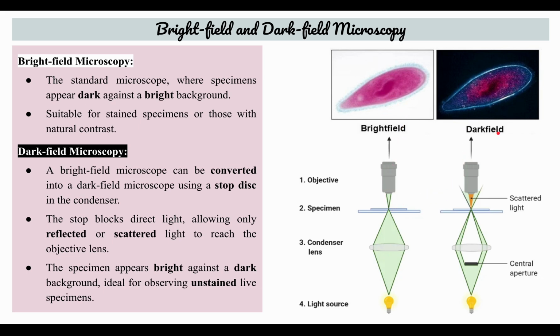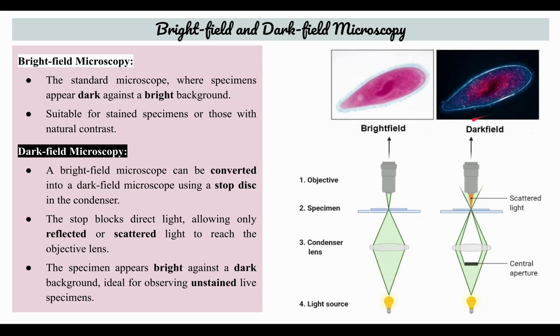Whereas in case of dark field, you add a central aperture, which is also known as a stop disc, before the condenser. Now the light is passing through the periphery of this condenser lens and focusing on the specimen. In this case, light can only pass through the specimen, and the rest of the background light is not able to pass through it.